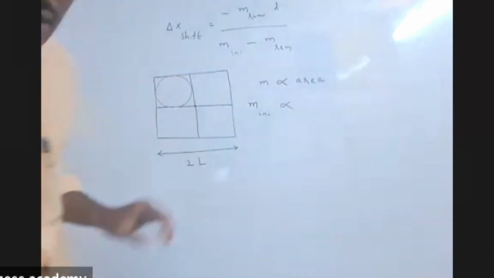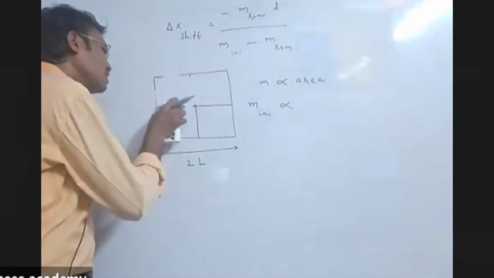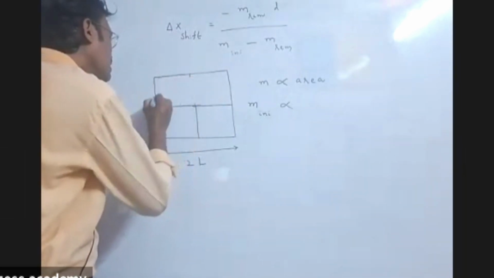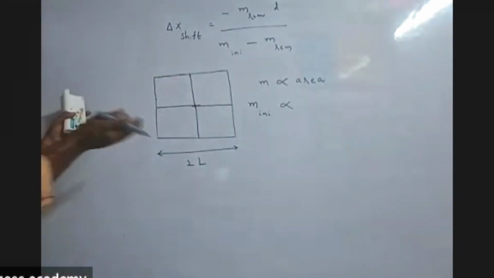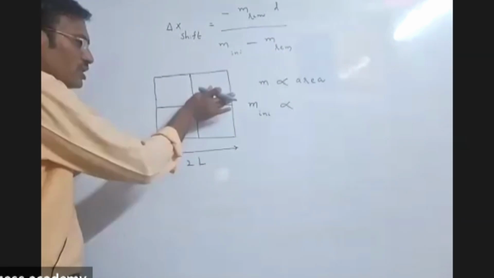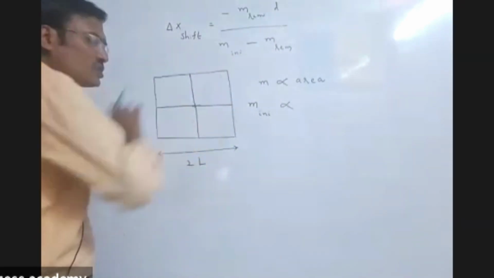M initial means before removal of the circle from the square, whatever mass is present of the square, that is the m initial. So what is the area of this square?